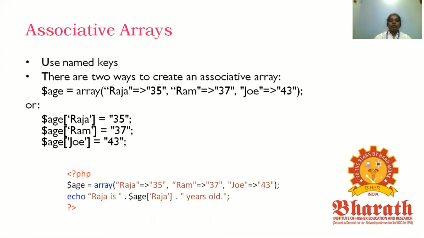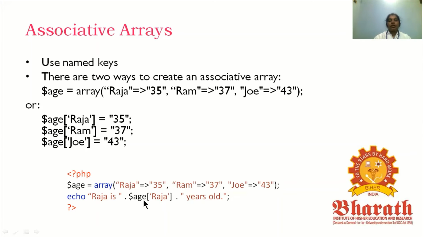The echo statement, what will it display? It displays "Raja is", and see the dot operator concatenates these two, so dot $age of Raja. What is the index we have? They have given Raja. This is the key, and the key is given within the array.